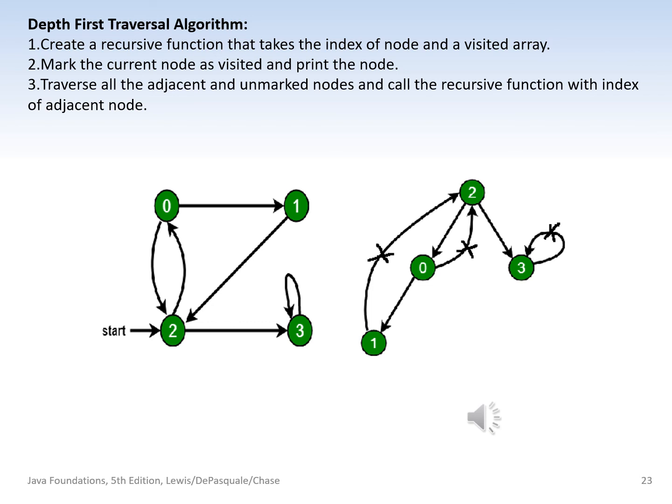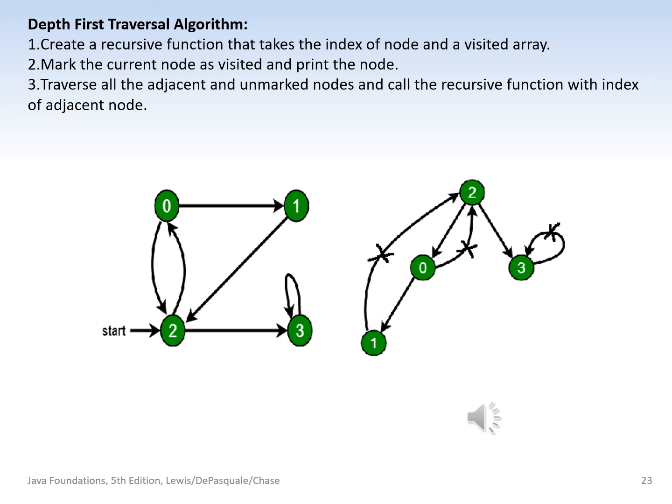The depth first traversal algorithm is rather straightforward, and it starts with a recursive function that takes the index of a node and a visited array. The index of the node is going to be the arbitrary vertex that we choose to start with. If you stay with the example we've been using, we started at 2, and the visited array obviously is empty.